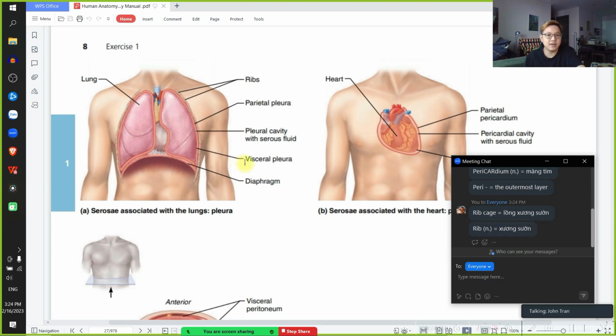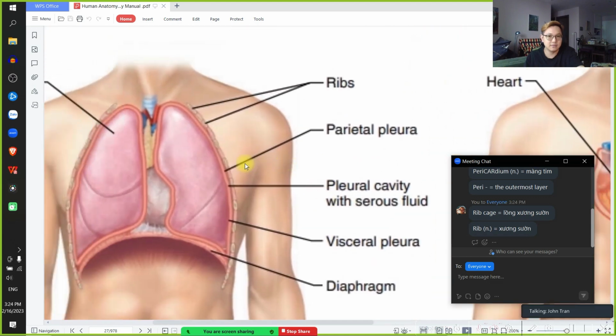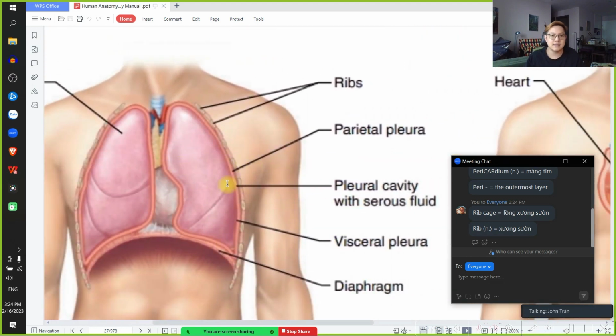So if you look very closely here, you can see that the outer layer is parietal pleura. Go deep inside, you have pleural cavity with serous fluid, and deeper you have visceral pleura.